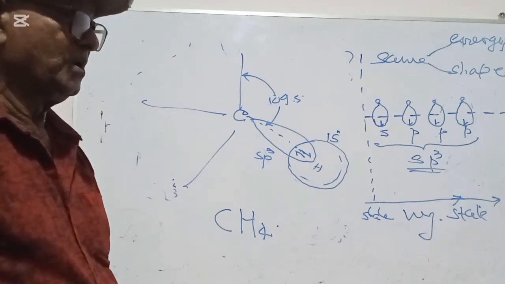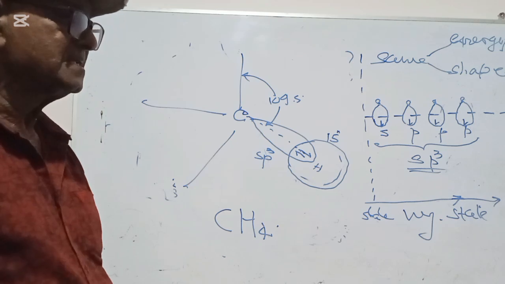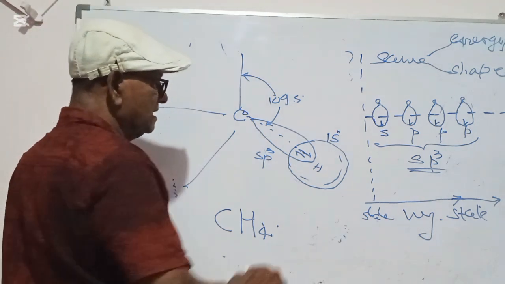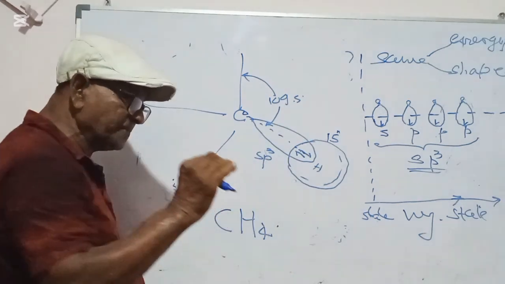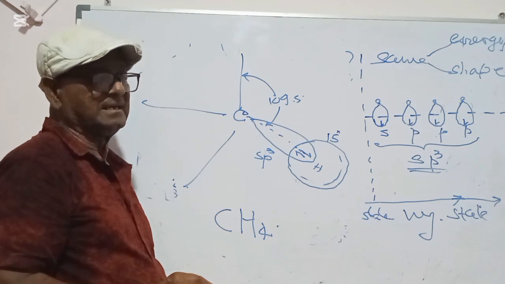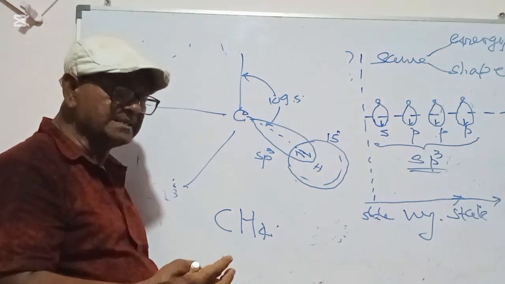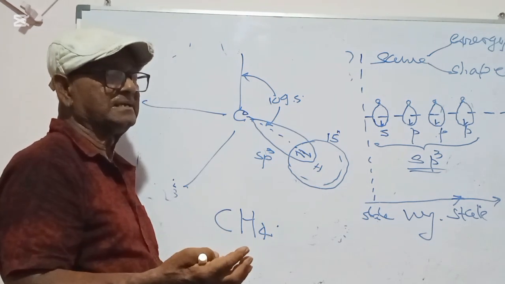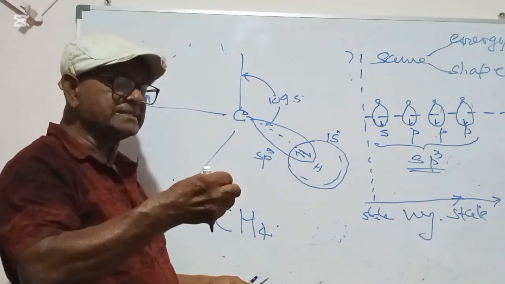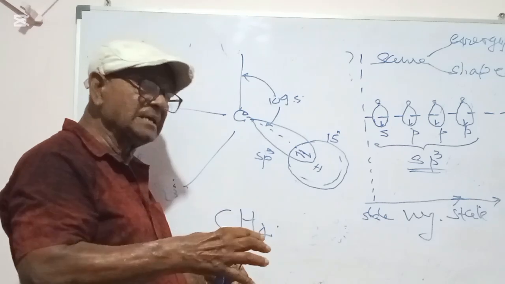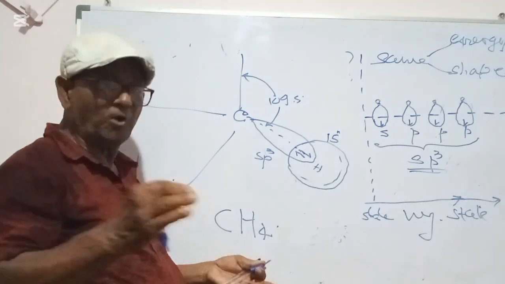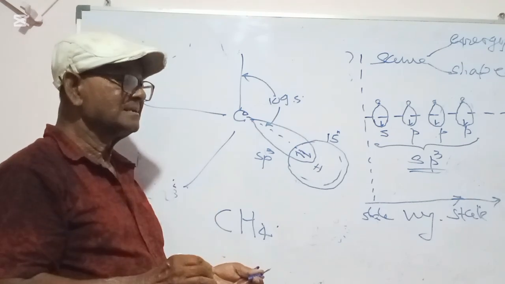Do you have any problems? I think there's a problem: carbon undergoes hybridization, with excitation and then hybridization, because the carbon atom does not have a suitable arrangement to form the covalent bonds.